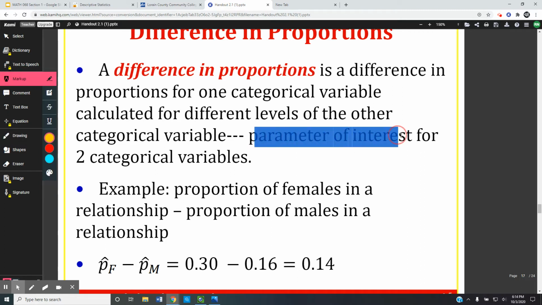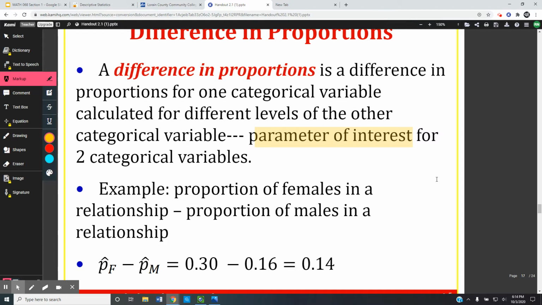Parameter of interest. And the parameter of interest is the measurement for the population. And the population parameter of interest for two categoricals is a proportion because you're using a sample. A sample is the p-hat value that goes along with that proportion.